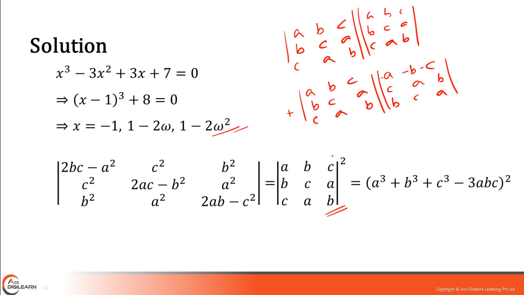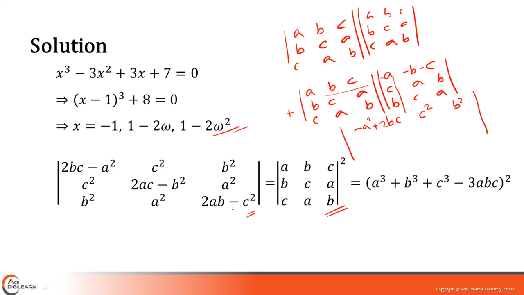So by taking the product of these two determinants, we get row into column. If we multiply, we get minus a square plus 2bc. Next you get minus ab plus ab, cancel, next c square. Next you get minus ac plus b square plus ac. So we arrive at this determinant.